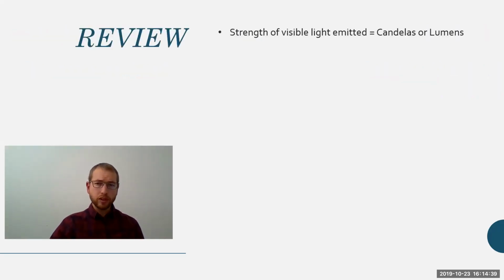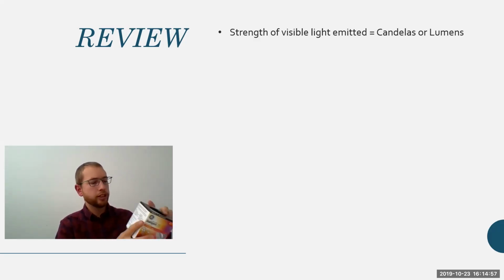All right, so there's an overview of brightness and the actual scientific terms that we went over. The strength of visible light that's emitted, we measure in terms of candelas or lumens, and that's how we shop for light bulbs now. So this little CFL here only draws 42 watts, but emits 3,200 lumens, whereas this little halogen lamp here draws 75 watts, so more watts than the CFL, but only emits 1,000 lumens.